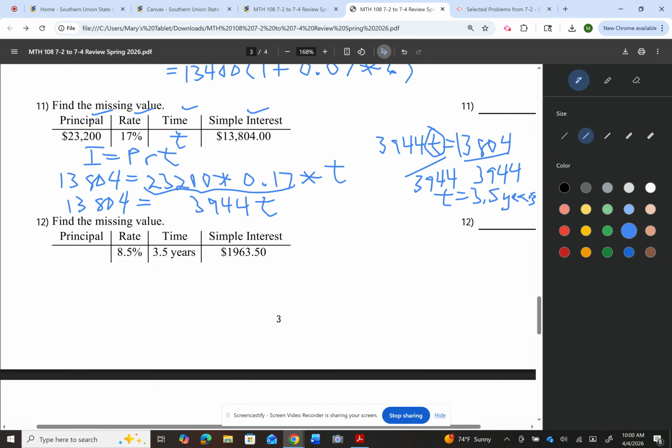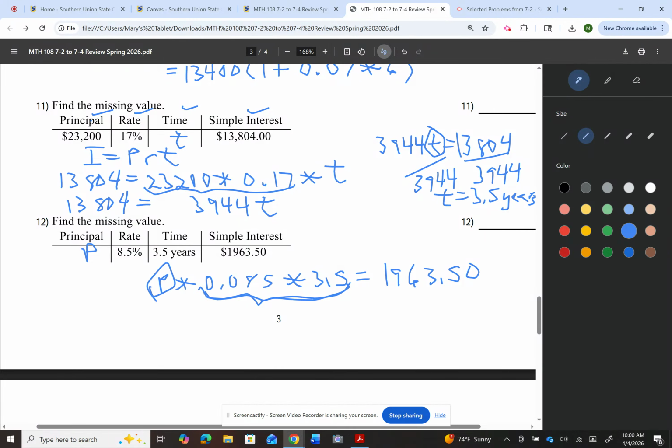Now here's the same type, it's just you're missing the P. So you know that the P times the 0.085 times the 3.5 should equal the interest. So it's the same idea, it's just the unknown was the P. What you can do there is work that out and then divide both sides by whatever that turns out to be, and you'll have your P left.